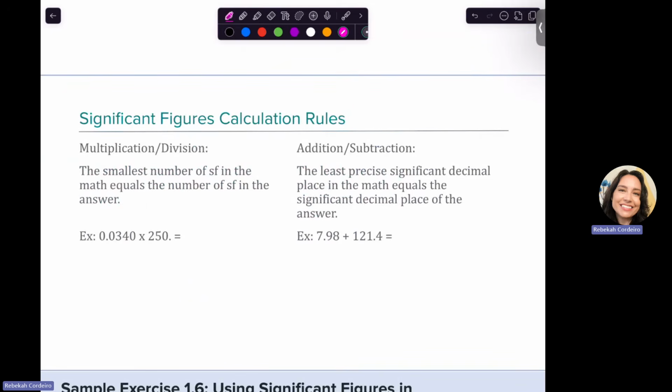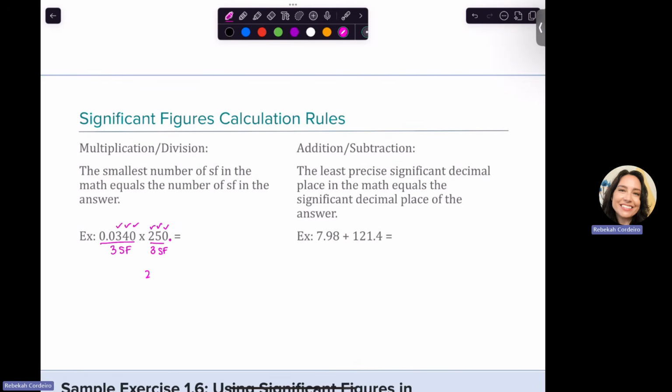So if we have this example, how many sig figs are in 0.0340 here? This number has 1, 2, 3 sig figs, and 250. Now with the decimal here, this now makes this zero count. So this one also has 3 sig figs.